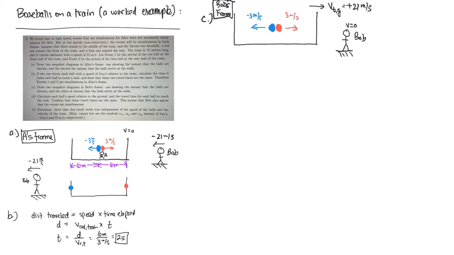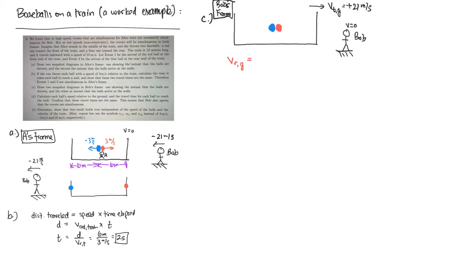But avoid that temptation, right? Because those are velocities in the train frame, in Alice's frame. This is a drawing in Bob's frame. So we want to draw the velocity of these objects in the frame that we're actually talking about in this moment. So we want the velocity of the red ball relative to the ground.